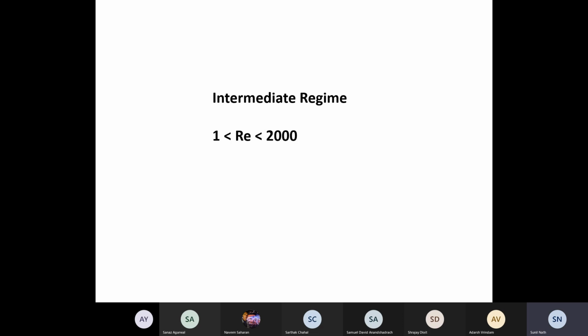So our question that we want to address today is what to do for this region. Because if we can complete this region, then we have the entire 10 decades of Reynolds number. That was what we wanted to start out with, right? From 10 to the power minus 5 to 10 to the power plus 5.